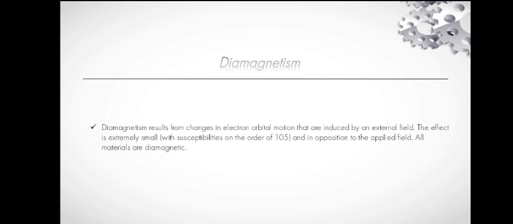All materials are diamagnetic. Diamagnetism is actually a very weak form of magnetism that is induced by a change in the orbital motion of electrons due to an applied magnetic field. This kind of magnetism is non-permanent and persists only in the presence of an external field.